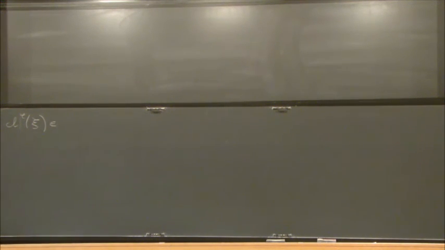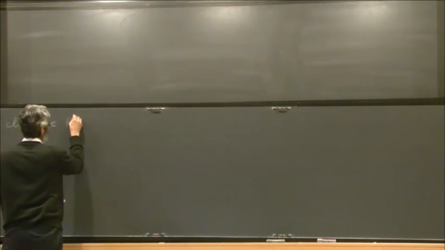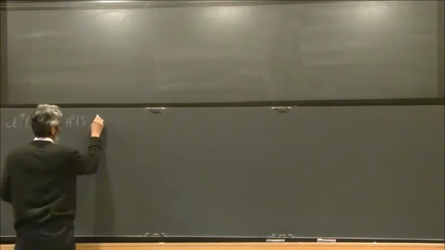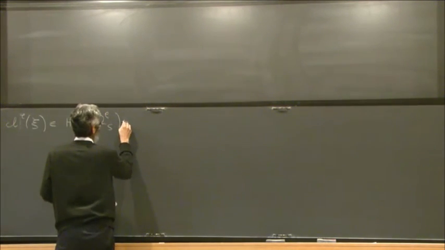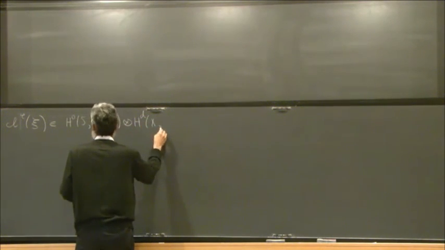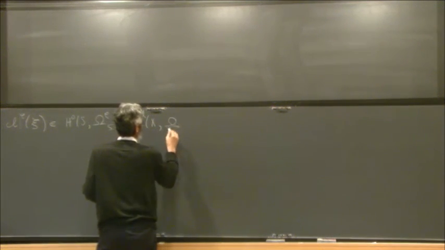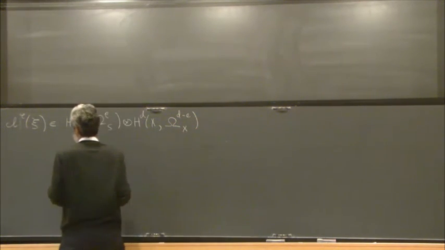So I'm looking at this particular sheaf and taking its cohomology, and it contains the factor H^0(S, omega^e_S), which means omega_{S/C}, tensor H^d(X).